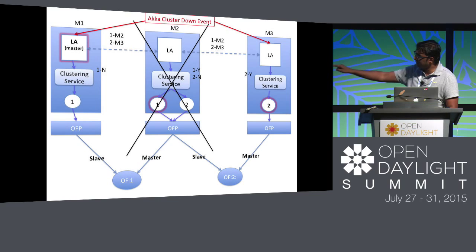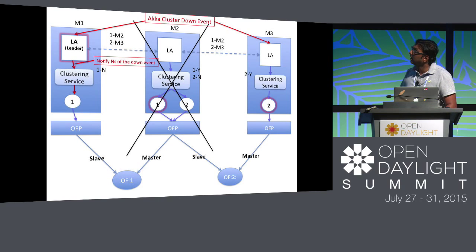The member which owned OF1 and was responsible to write and read has died. So in member 1, you can see that the entity which didn't own will get a notification saying that that member has gone down.